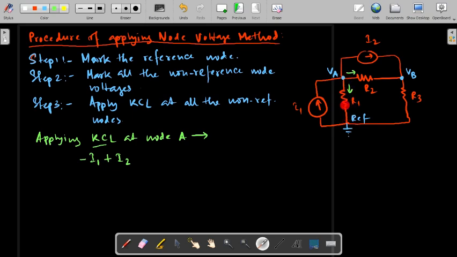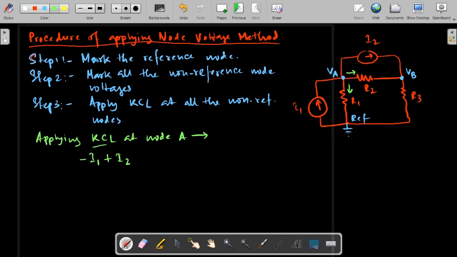If I apply the element equation for this resistance R1, what is it? The current flowing through R1 is VA minus 0 by R1. This is the element equation, V equal to IR. I am just putting it over here by mental calculation.